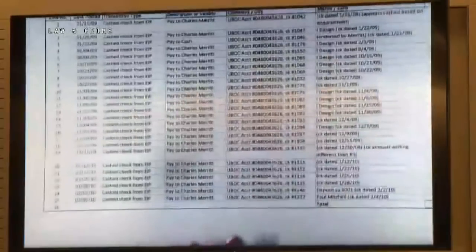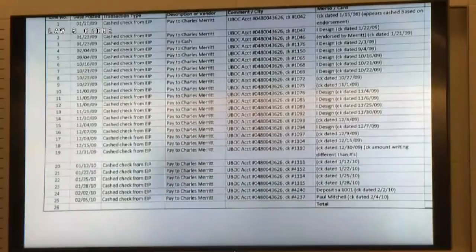We talked about this previously. These were checks that were cashed simply by walking into the bank and cashing them, right? Yes. And did you notice any other documentation in the bank records that showed any other sources of income or checks besides these IEP or EIP checks? Income to the defendant? Correct. No.